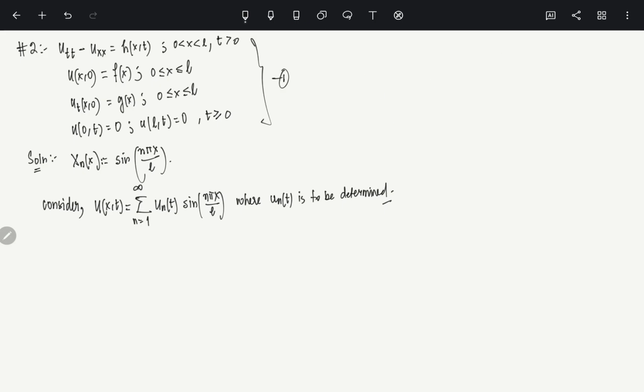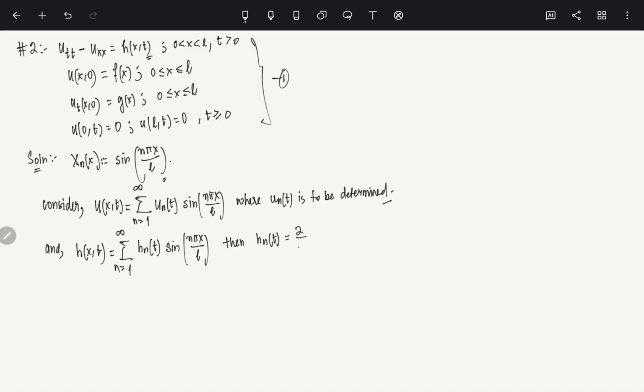With that in mind, this h of x,t is given, and it can also be written as a Fourier series: the summation n equals 1 to infinity of hn of t times sine of n pi x by L. We know what hn of t is.